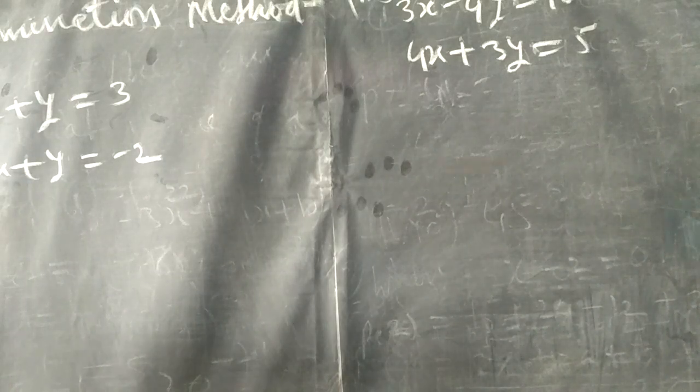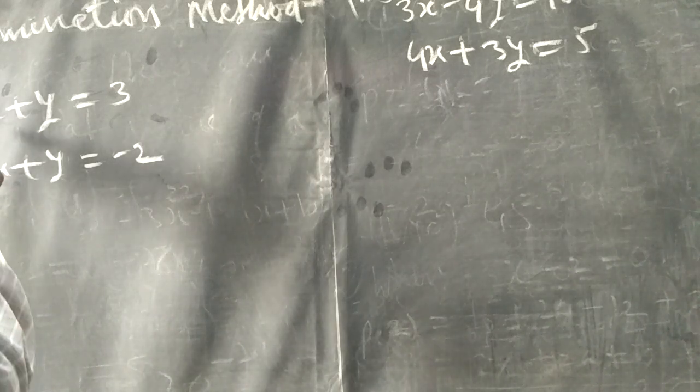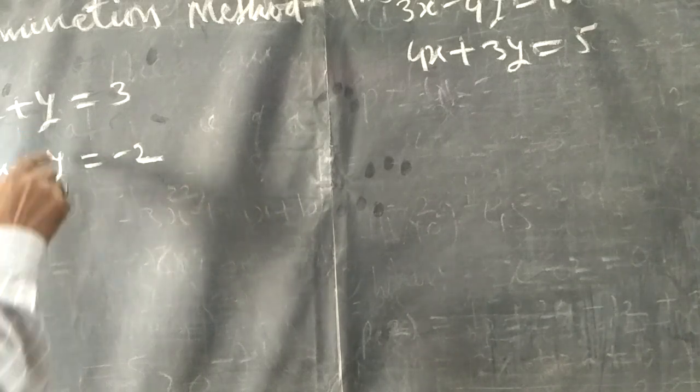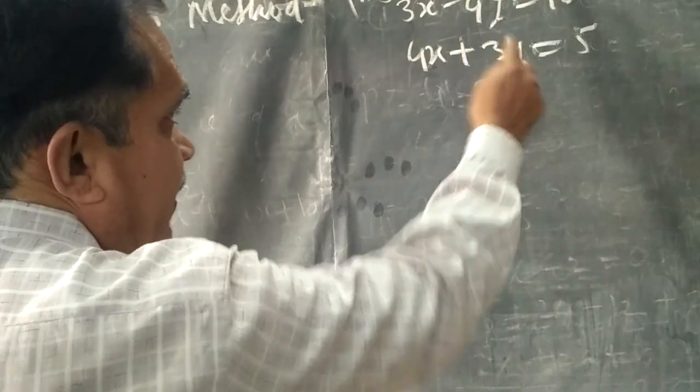What is elimination? Now we have two equations, students. In these examples we have two variables x and y. Now we see the numerical coefficients of these variables.